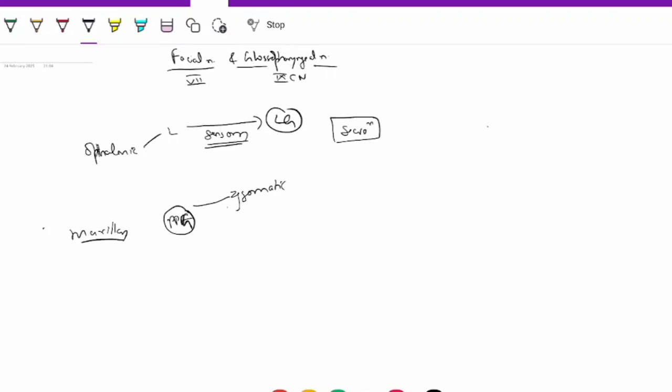And this zygomatic branch itself was divided into zygomatico-temporal and zygomatico-facial.